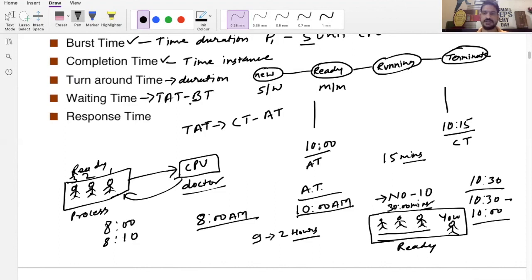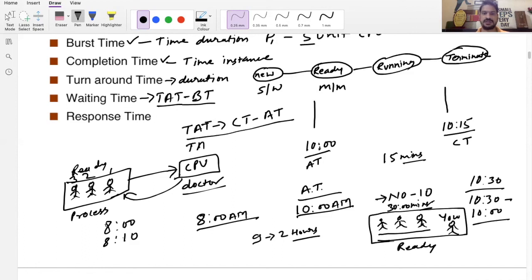It means how much time the CPU was allocated and how much time the process was in other states is called waiting time. If a process is in the ready state, how much time it stays in the ready state is calculated by turnaround time minus burst time. You see the formula.